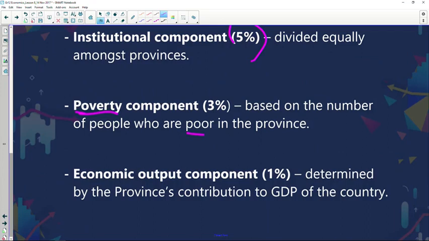Economic output as well is very important, and it's determined by the province's contribution to the GDP of the country. Hence, I spoke of Gauteng and the economic activities that happen in that province in terms of business and infrastructure development. So they will consider that when they are doing the allocations.